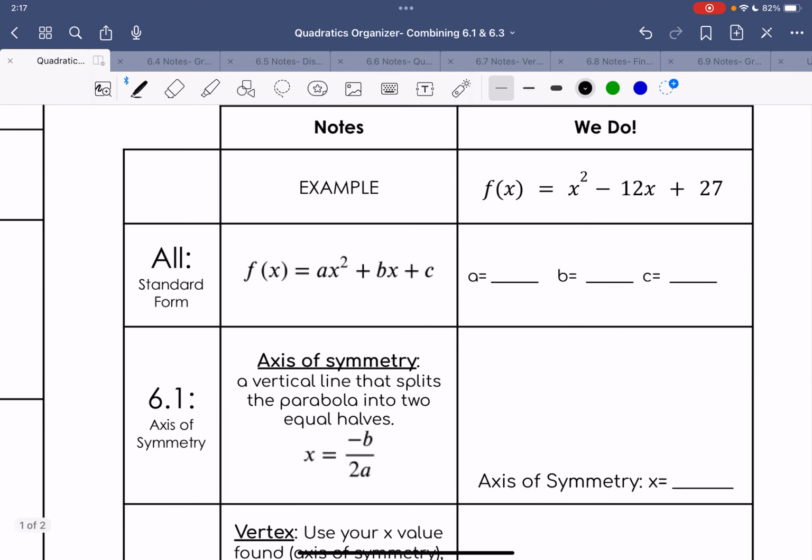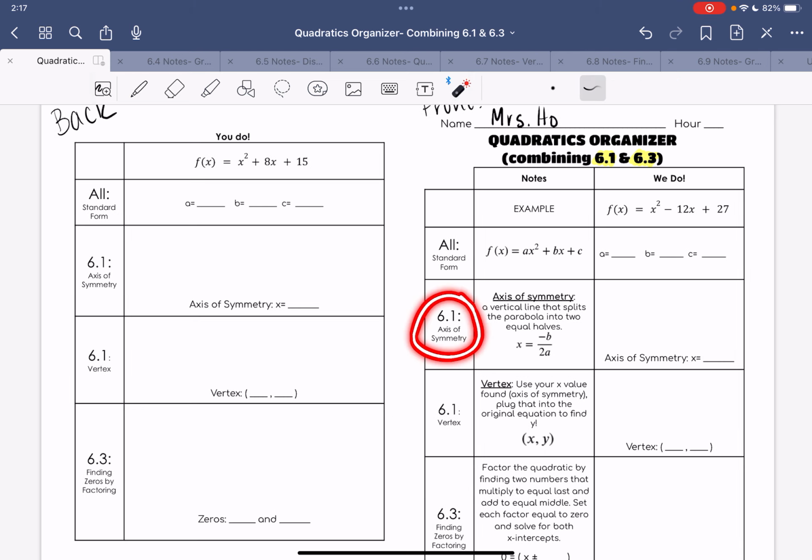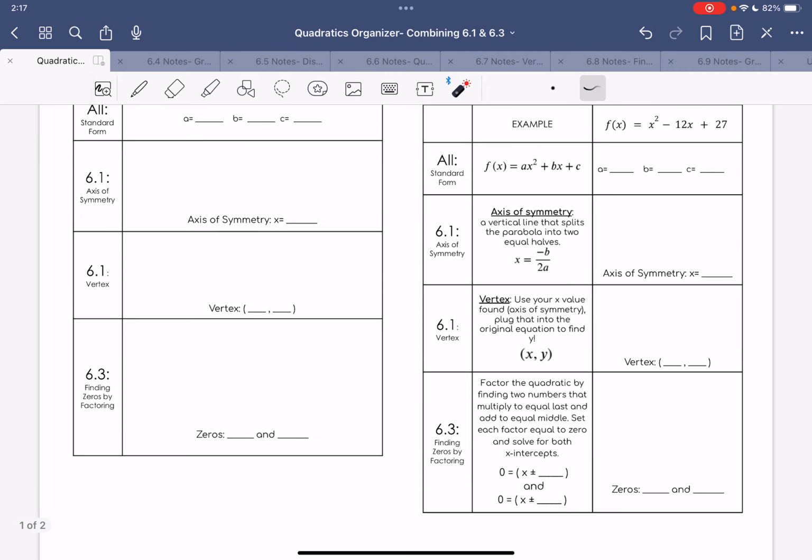In 6.1 and 6.3, we learned how to find the axis of symmetry. We learned how to find a vertex. And then in 6.3, we learned how to factor and find our zeros. So we are going to do all of those things, but for the same problem now. And then in 6.4, we will be ready to do all of those things, do one extra little super easy step, and then put it all on a graph.